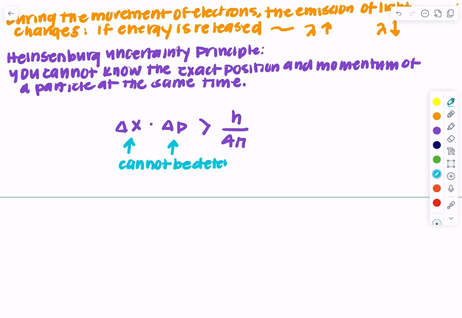In other words, like I just said, when we're moving an electron from the lower energy level to the higher energy level, we're not exactly sure which of the 8 electrons on one energy level is moving. We just know that one is moving.